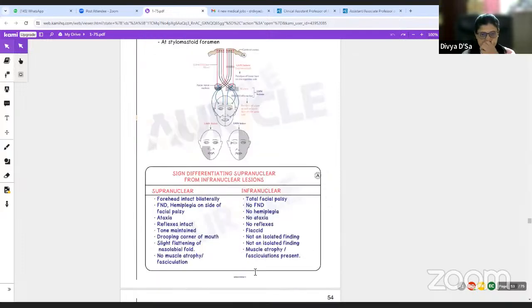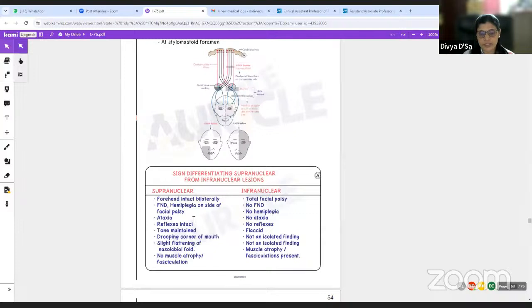So how do we differentiate? In a supranuclear lesion, when we ask them to wrinkle the forehead, it will be intact. Whereas in an infranuclear lesion, everything is lost. They will not be able to close their eyes in the infranuclear lesion; here they are able to. Here there is ataxia, here there is no ataxia. Facial palsy is there, here there is hemiplegia, there it is not affected.